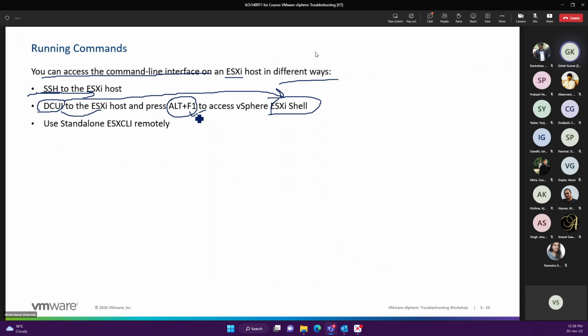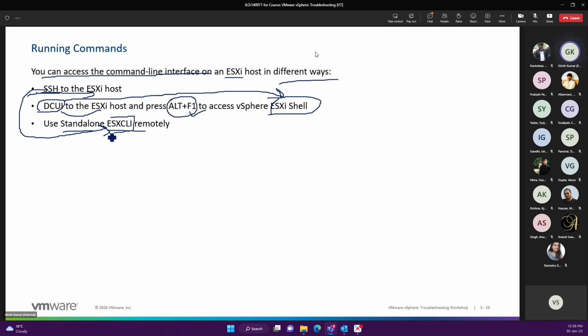Alt F1 is for the local command line shell known as the ESXi shell. Log out, Alt F2 to exit from it, and use the standalone ESXCLI command remotely when you access ESXi over SSH. There is so much you can do through the ESXCLI command.